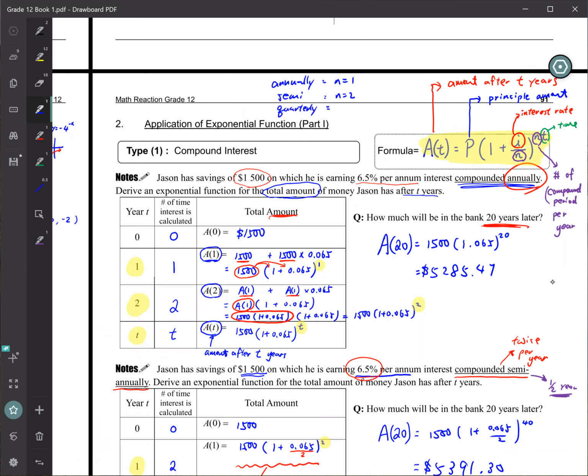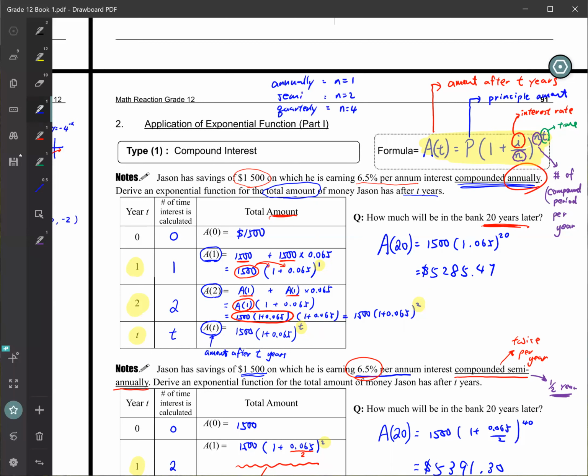Okay, 3 months is your compounding period. So how many 3 months per year? Cindy? How many 3 months in a year? 4. Yeah, so n will be 4. Okay, so that's how you figure out the n.